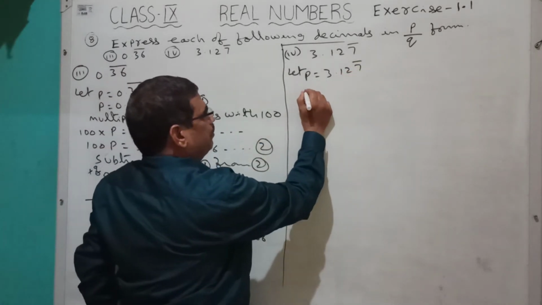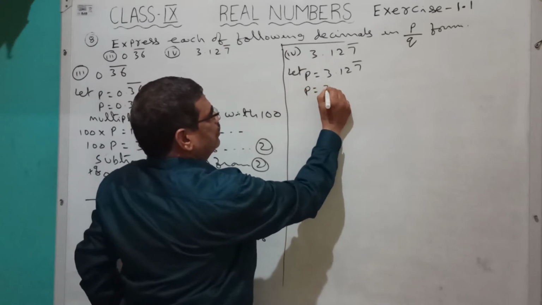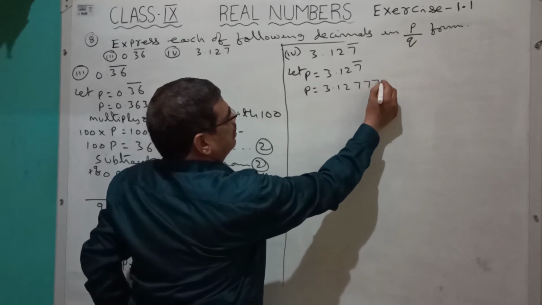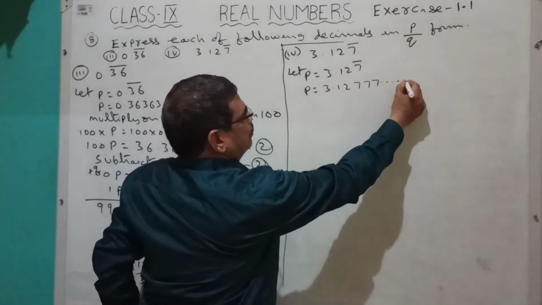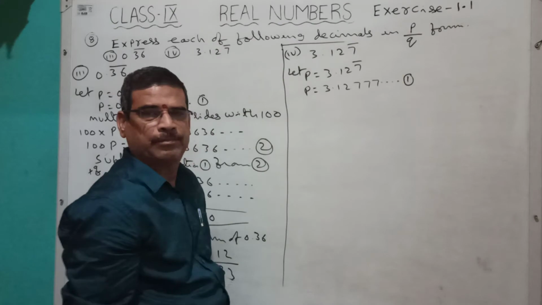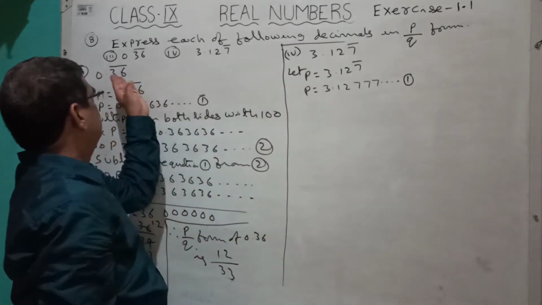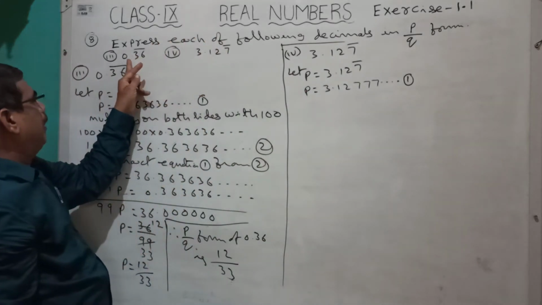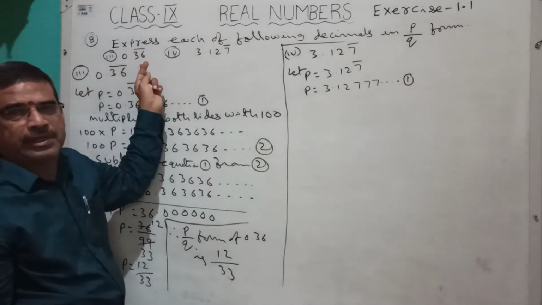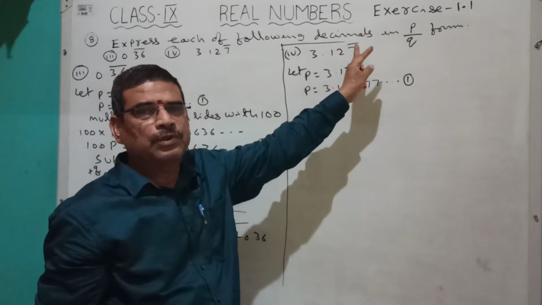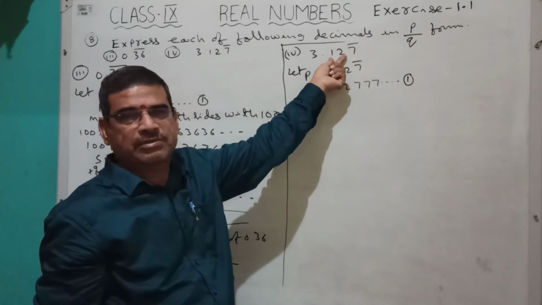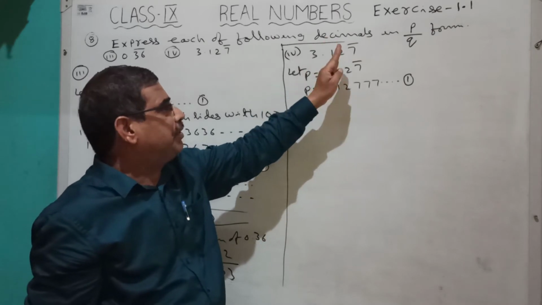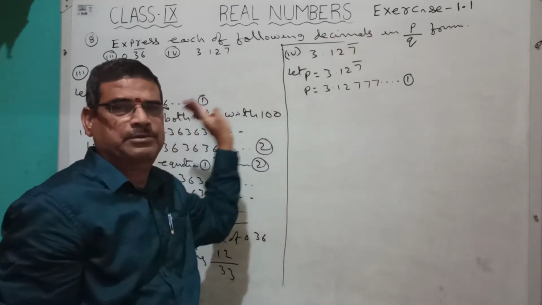So in the next step, P is equal to 3.12777, and make this as 1. What is the difference between this term and the earlier one? Here, after the point, repeating terms are there. Here, after the point, there are some non-repeating numbers, so first I have to take these numbers to the left side.